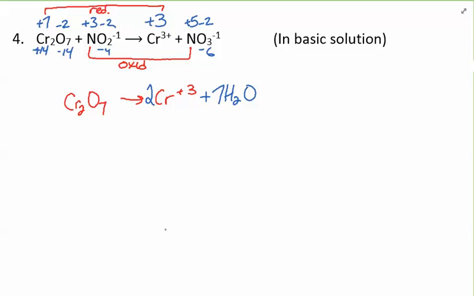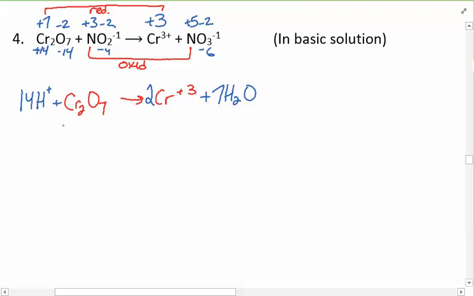Now I have to balance my hydrogen. So I'm going to add 14 hydrogen ions to the reactant side to balance the hydrogen ions that are here. And now I have to take a look at the charge. So we take a look at balancing everything but O's and H's, then balancing O's with water, balancing H's with hydrogen ions, then balancing the charge.